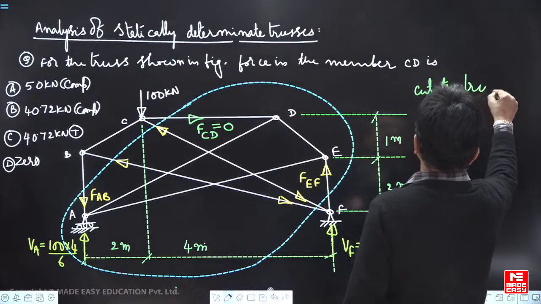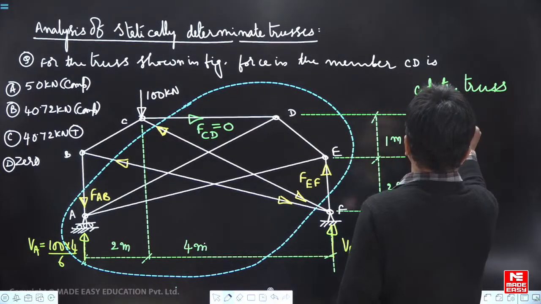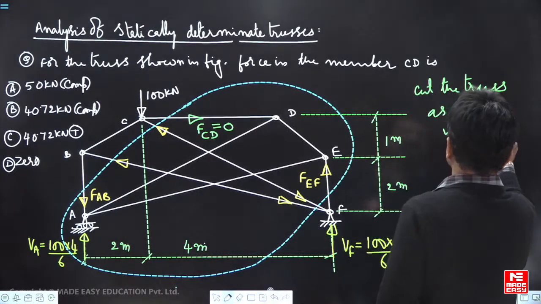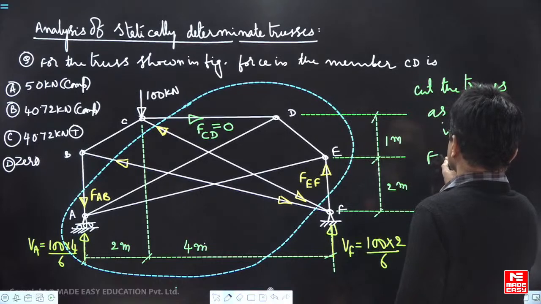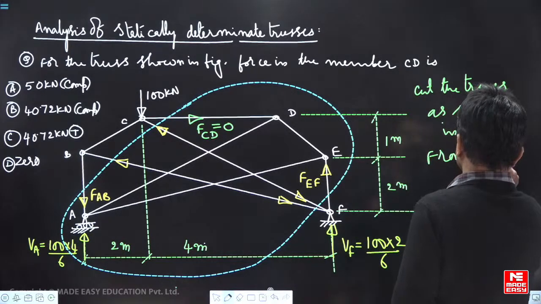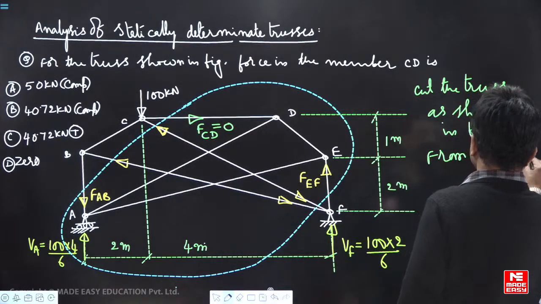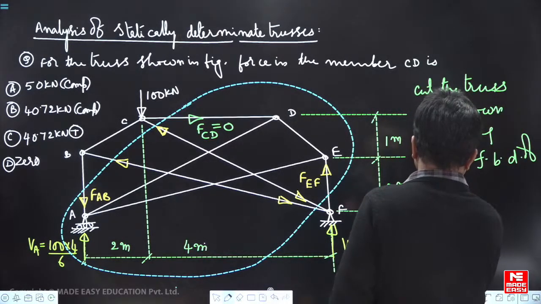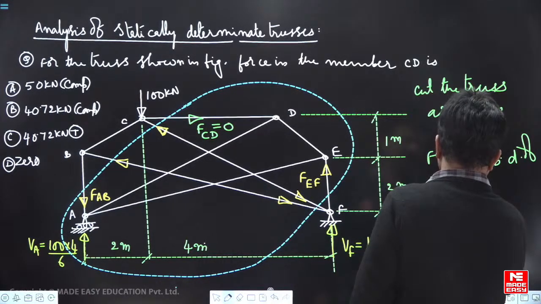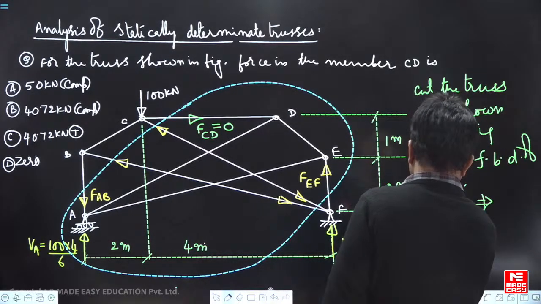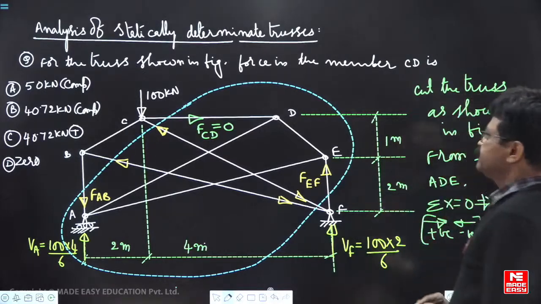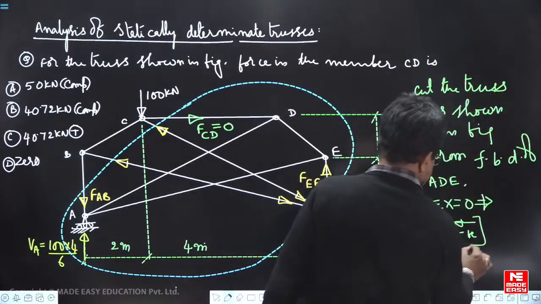Cut the truss as shown in figure. From the free body diagram of ADE, if I take sigma x equal to 0, right side positive, left side negative, only one force is there, FCD has to be 0.